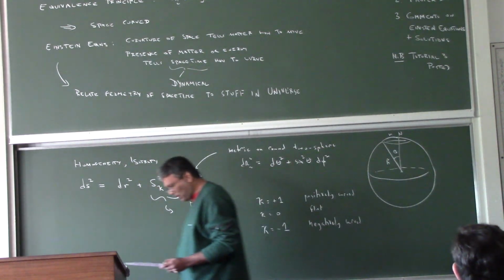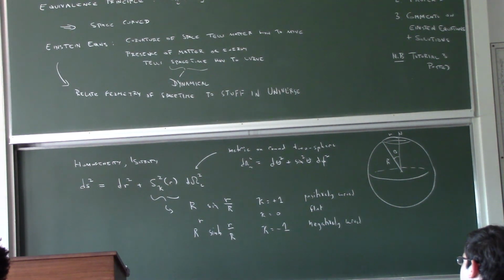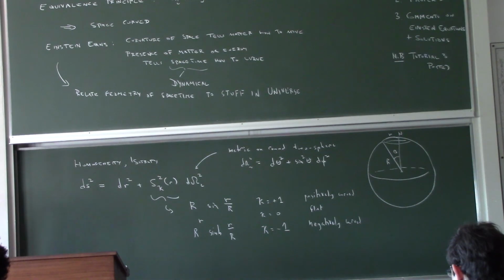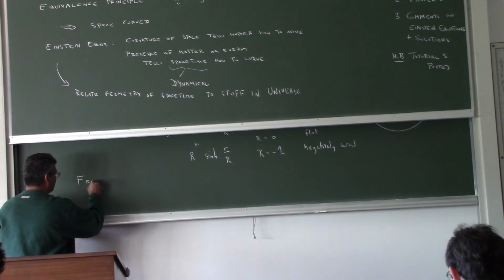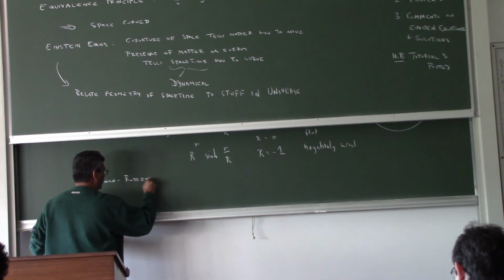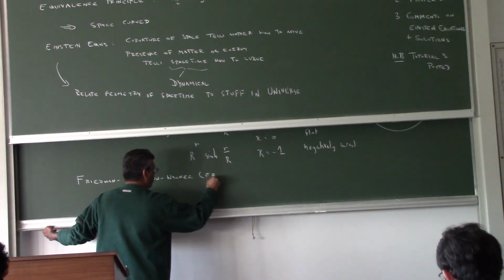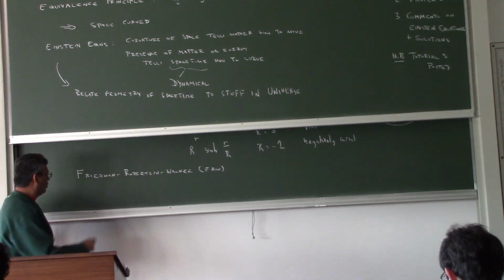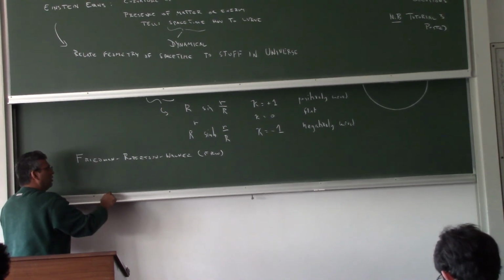Okay, so we discussed these metrics last time, and we determined that there was a principle that applied in general relativity called general covariance. So if we promote this metric to the FRW metric, the Friedmann-Robertson-Walker metric, we also have time in addition to space.